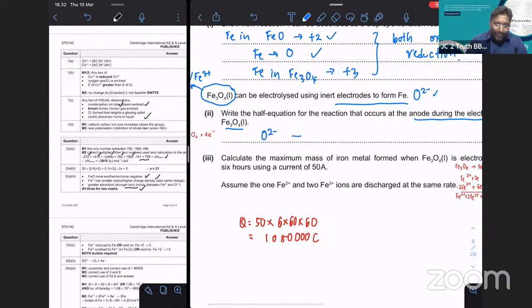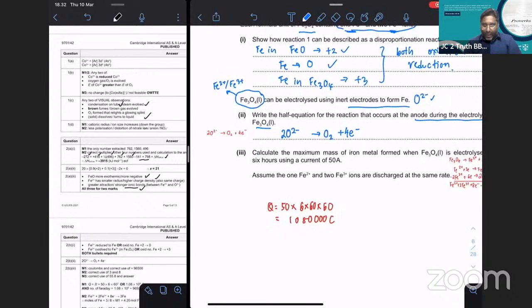They are supposed to lose electrons to give you O2. So you write plus electrons, and since you are dealing with 2 over here, the charge on the left is -4. The charge on the right must also be the same, so you need to put 4. So this is going to be the half equation.